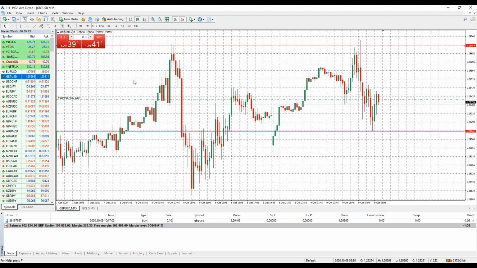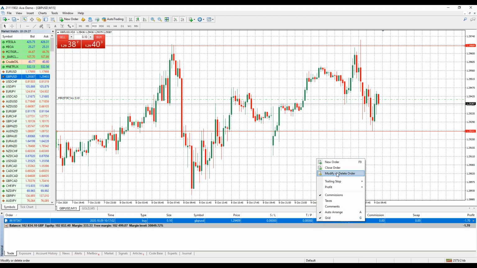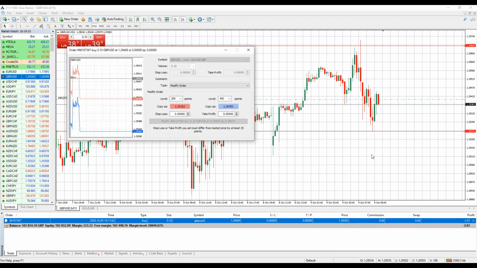And so where would I put my stop loss? I would put it below the first area that I see as significant support. So if I modify this and I want to add a stop loss, I might put it down here, 1.2922, something like that.